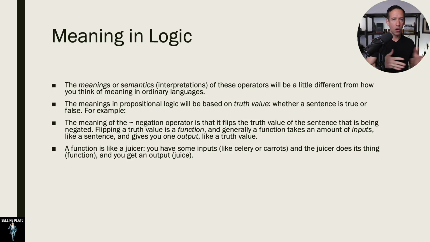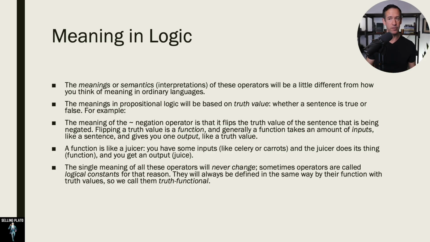You can put all kinds of inputs in, celery, carrots, whatever else, and you're just going to get one output. In this analogy, it's juice. In our case, for propositional logic, it's going to be a truth value. You're going to get either true or false, depending on the inputs.